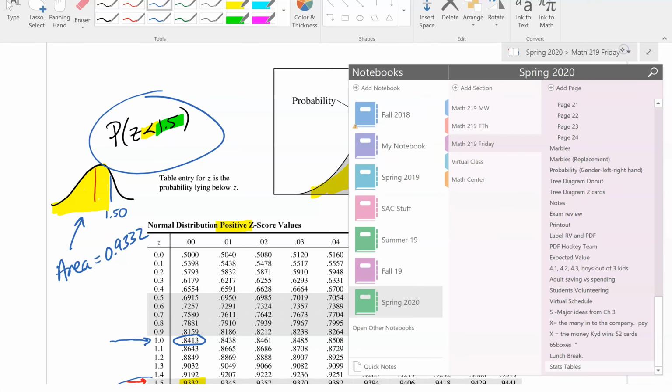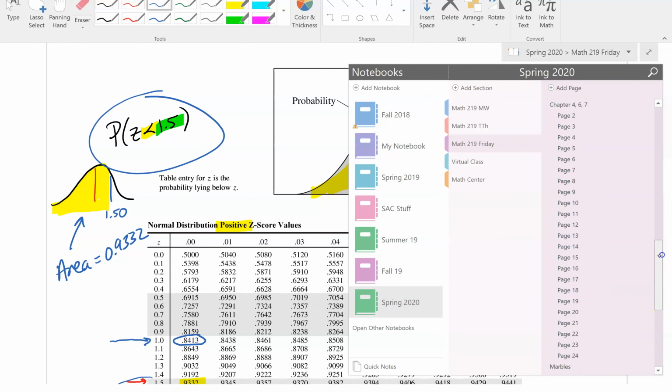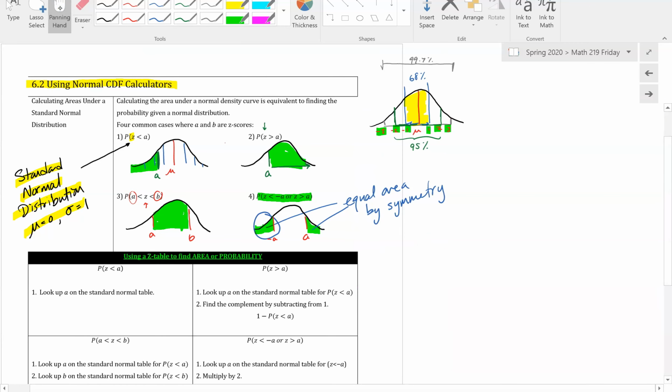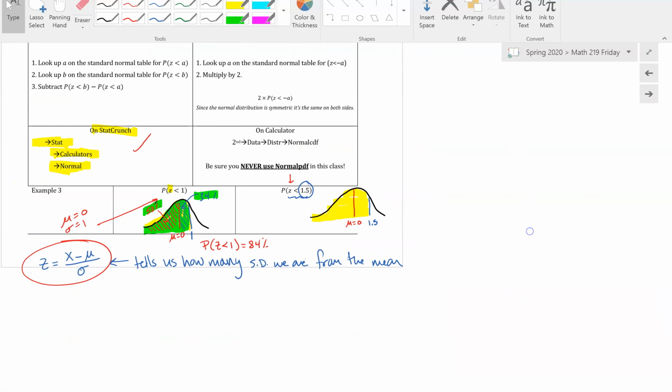All right, so let's go back to the notes and take a look at those. Let me fill this one in. We said that this came out to, what did this come out to? The probability that z was less than 1.5 was 0.9332, I believe. That is the area left of that z-score.